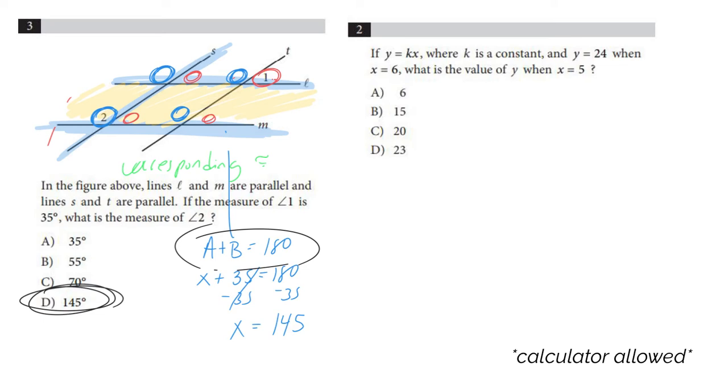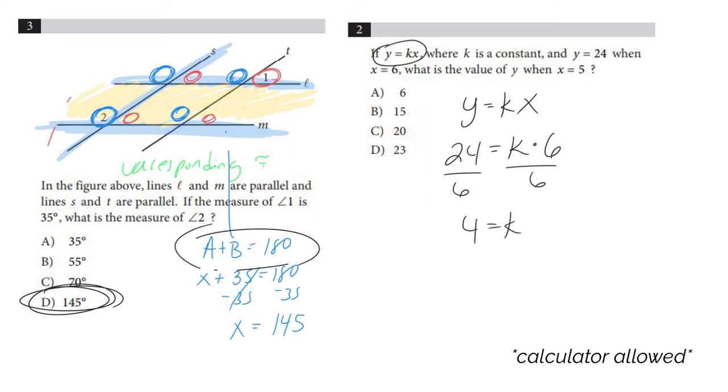The next problem says that if I have this equation, y equals kx, and I know that y is equal to 24, and x is equal to 6, I can figure out what that constant is. So all that means is that no matter what I do to this problem, I'm always going to end up with the same k value.